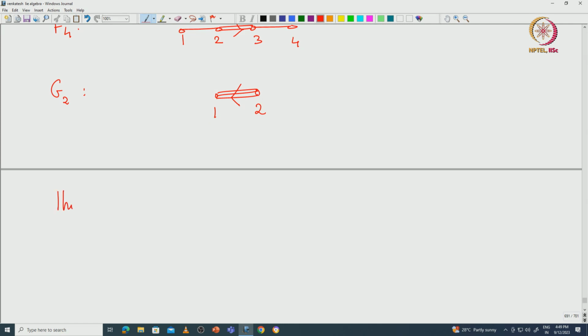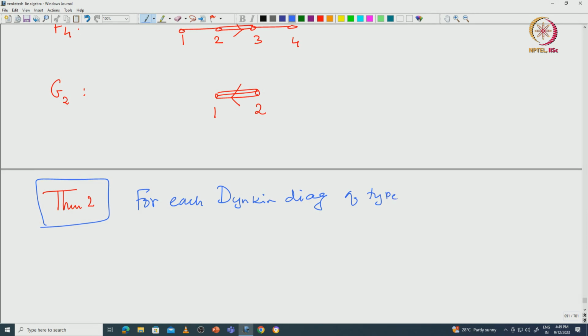So what is the second theorem? This is the second big theorem. It is not that hard, but the first theorem, classifying them, is actually very hard. For each Dynkin diagram listed in types A to G, there exists an irreducible root system having the given diagram.